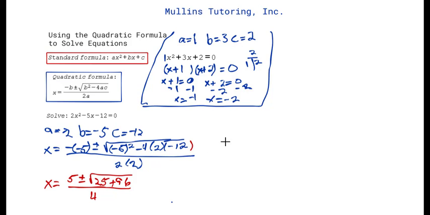Okay, let's do our next step, which would be to combine what's underneath the radical. So we'll once again bring up that x is equal to 5 plus or minus the square root of 121 over 4.